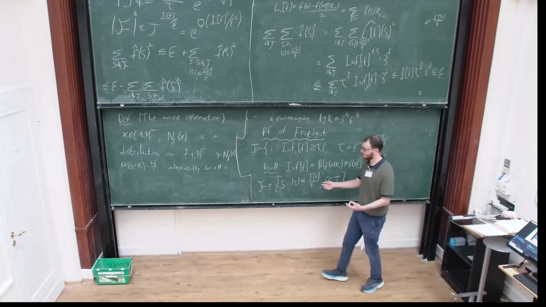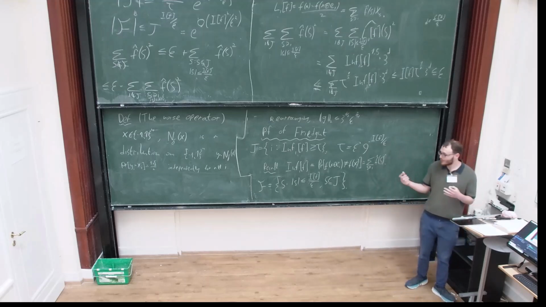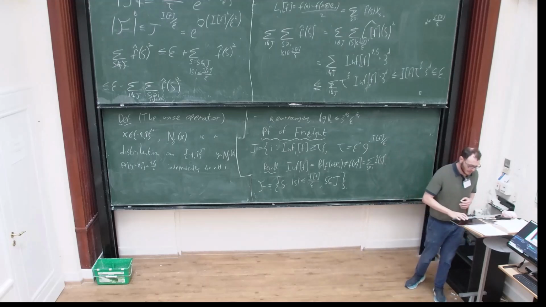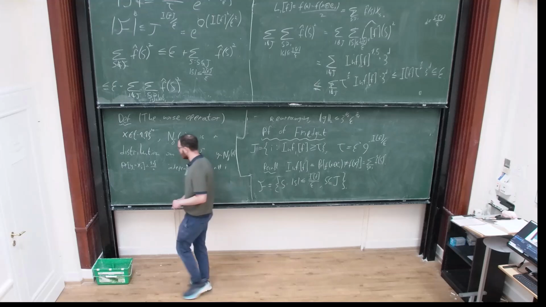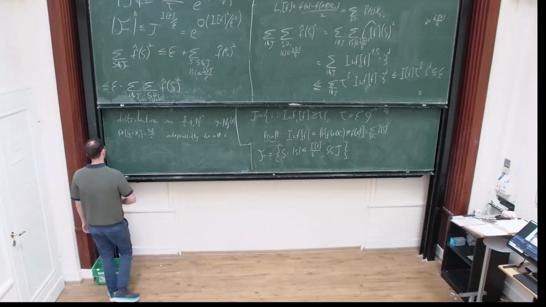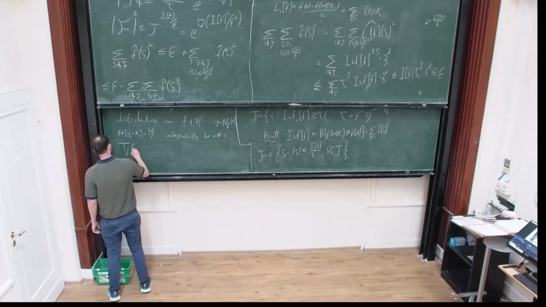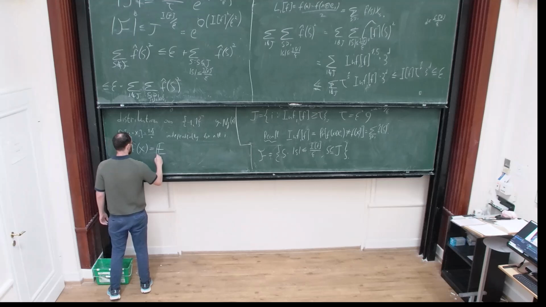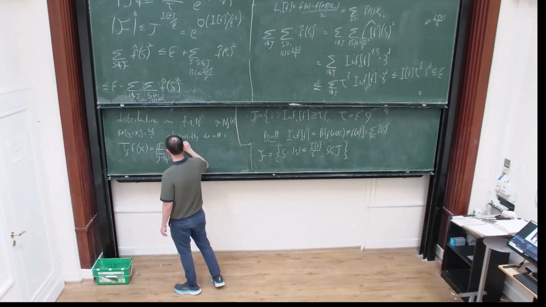If delta is minus 1, then y is the opposite of x, and if delta is 0, y is independent of x, and in between, if delta is positive, then y is correlated with x. And then the noise operator T_delta f of x is given by the expectation over y of f of y.